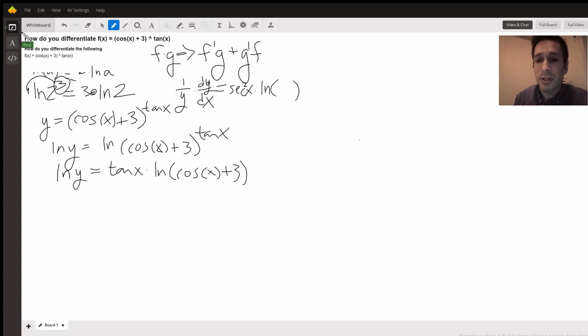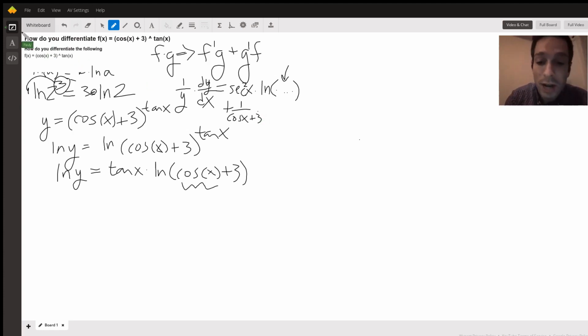I'm running out of room, so I'm just going to leave it there. You can fill this in here. Plus, nothing changed, so here would be the cosine of x plus 3, plus the derivative of the second. So that's 1 over cosine of x plus 3 times the derivative of the inside.